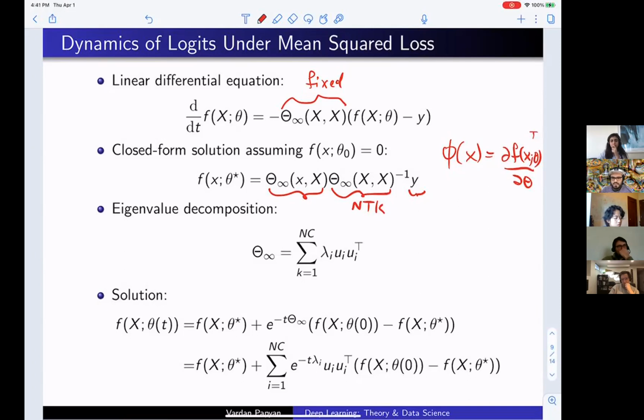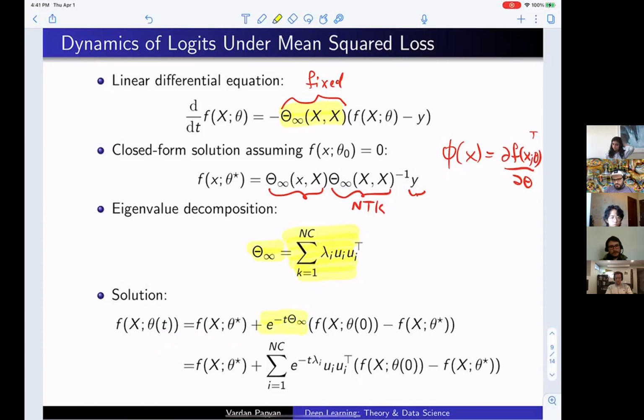So you take this fixed matrix, you do an eigendecomposition, and after that you just write the solution as f of x theta at time t is equal to f of x theta star plus, now you do this exponential of a matrix.